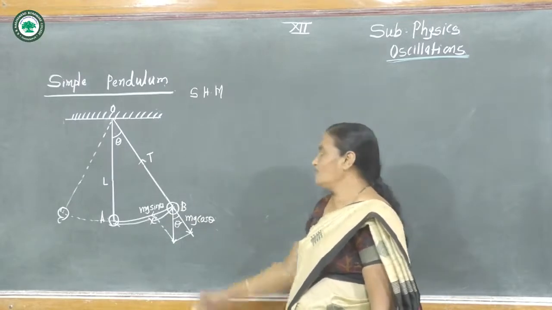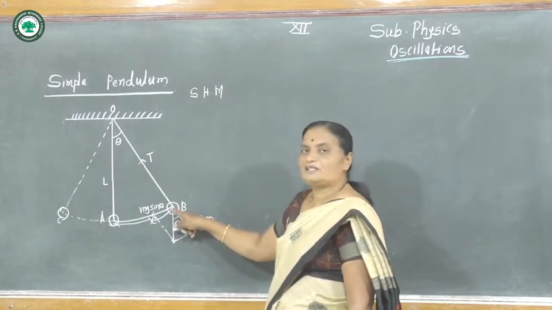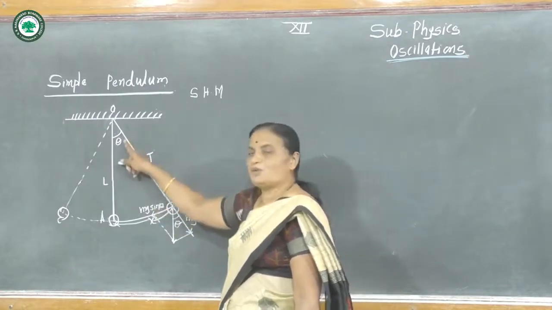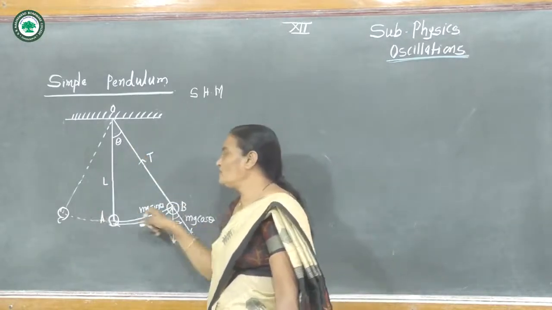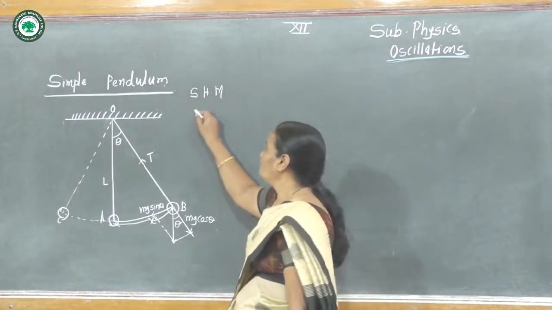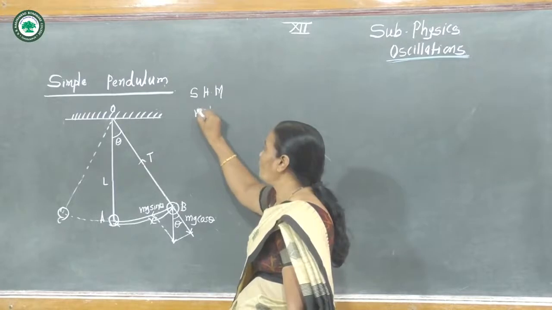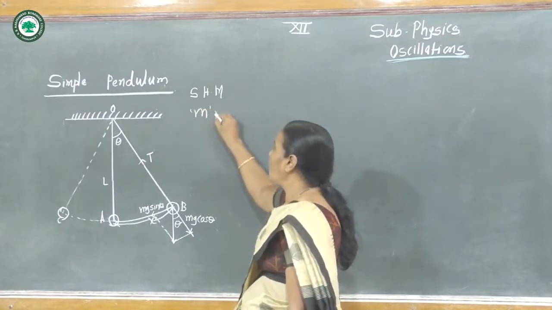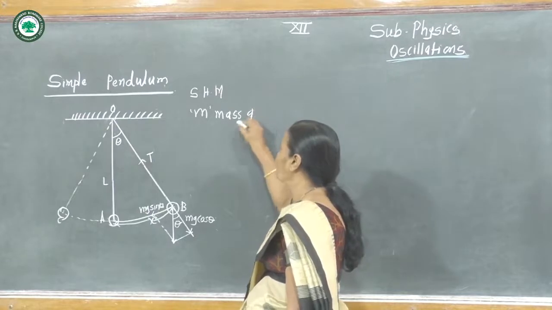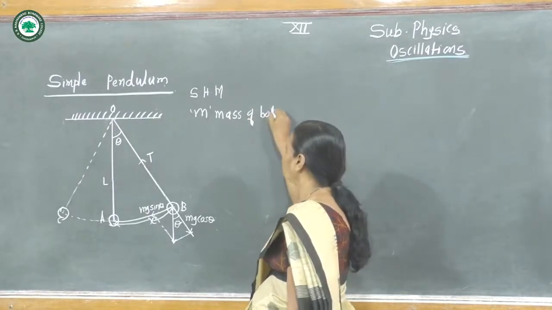Now let m be the mass of the particle, or the mass of the bob.